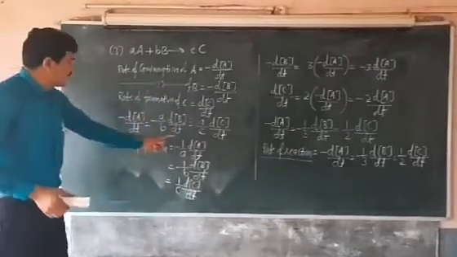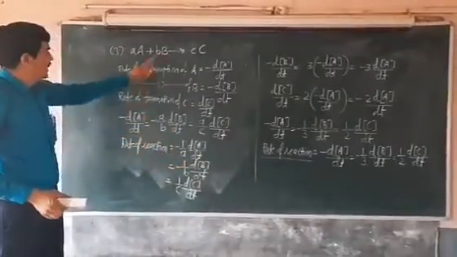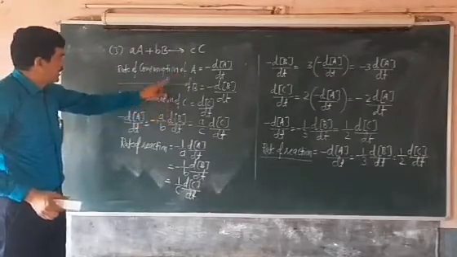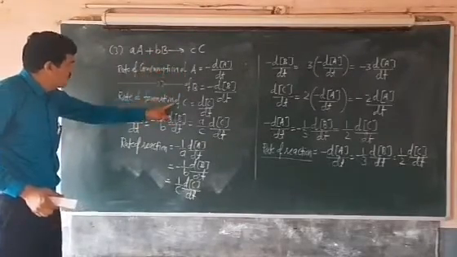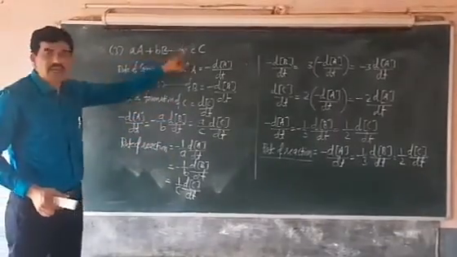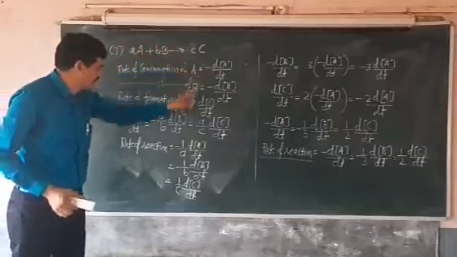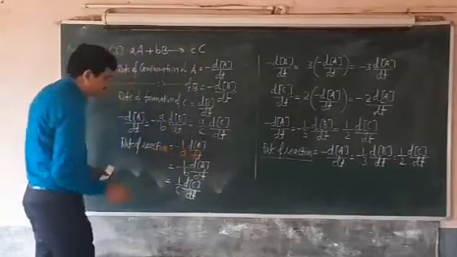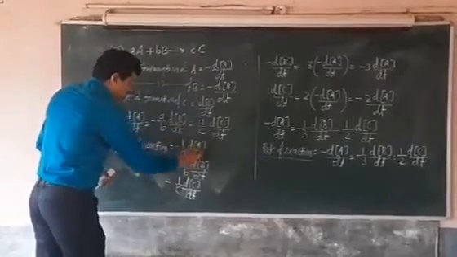So here the rate of reaction is obtained from the rate of consumption and rate of formation. Here rate of consumption or rate of formation should be divided by the stoichiometric coefficient of that particular reactant or product.